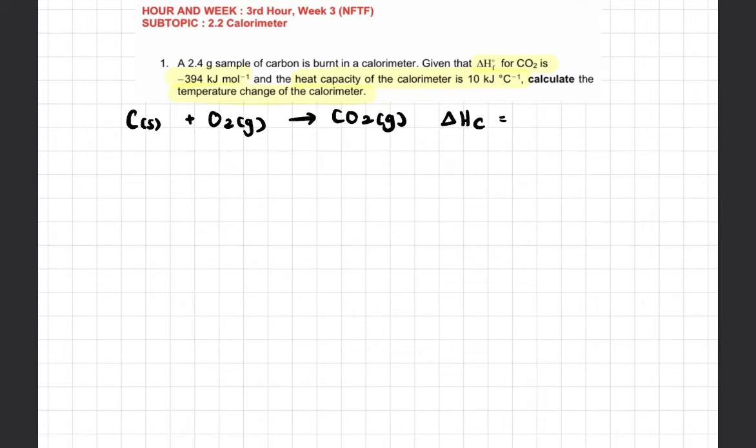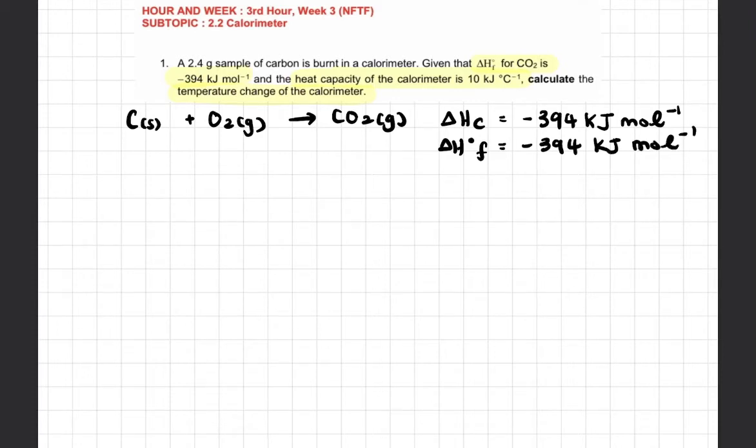Kiranya enthalpy of combustion in this case is also negative 394 kilojoule per mole. Right? Enthalpy of formation ni untuk CO2 lah. Enthalpy of combustion untuk carbon.